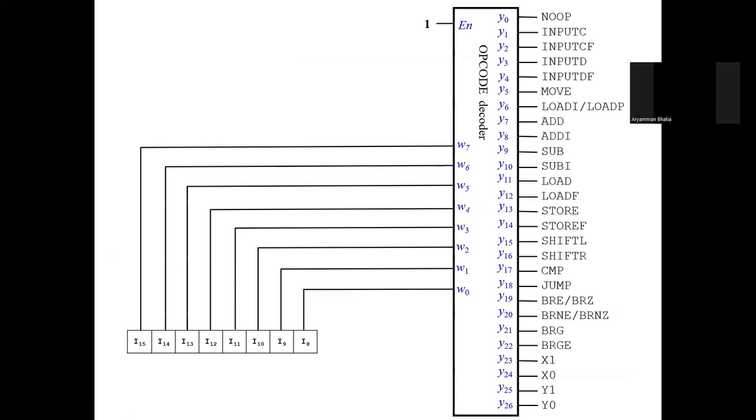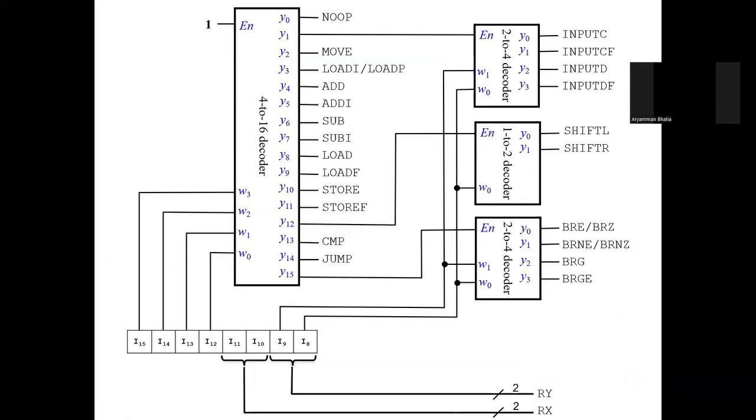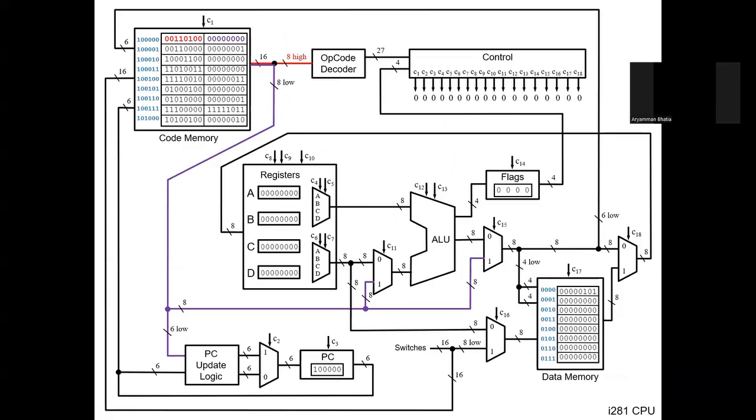Now what these bits are encoding is this: say we want to compare the value of register A to register C, then C4 and C5 are controlled by X1 and X0, and C6 and C7 are controlled by Y1 and Y0.